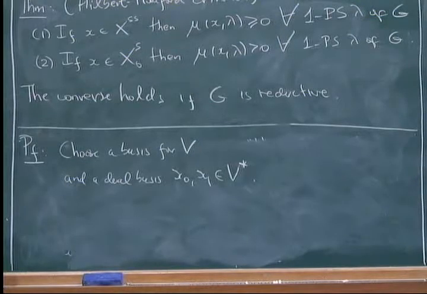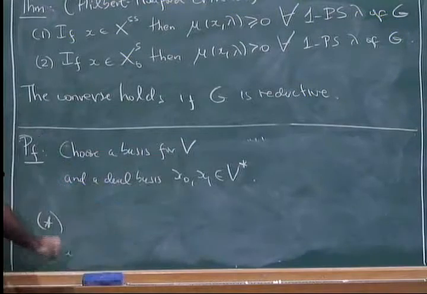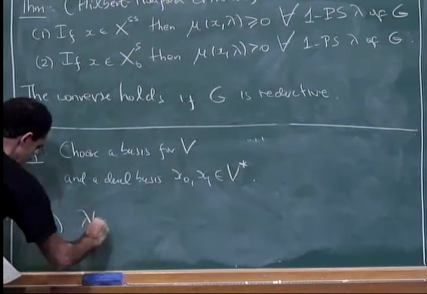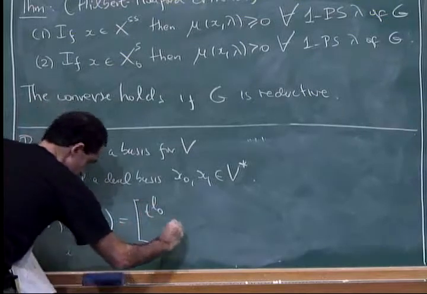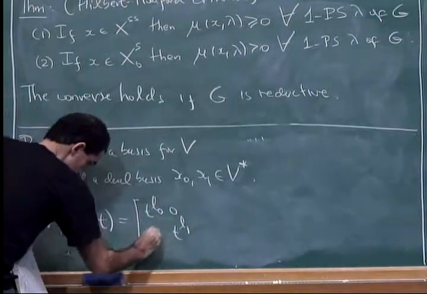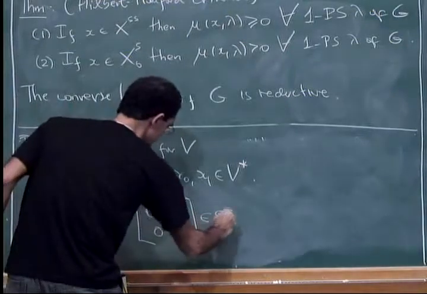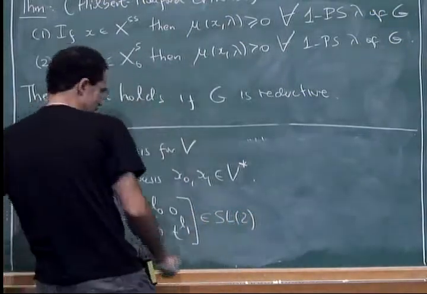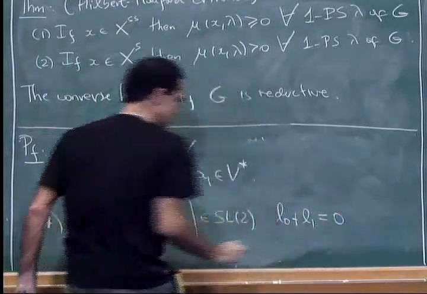Let's look at a very special one-parameter subgroup. We chose a basis already, so I'm going to look at lambda t of this form. It's dimension 2, so it's a 2 by 2 matrix. If I want this to be in SL2, I need the determinant to be 1, so I need L0 plus L1 to be 0.